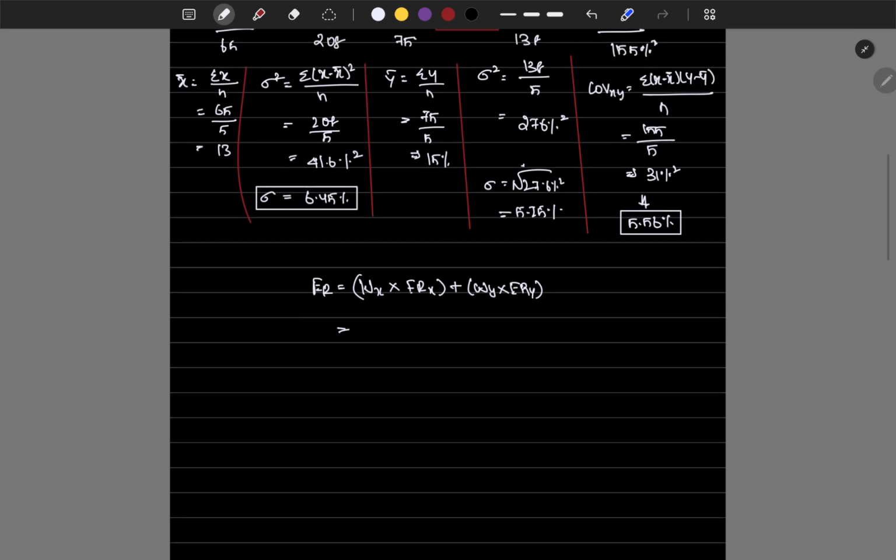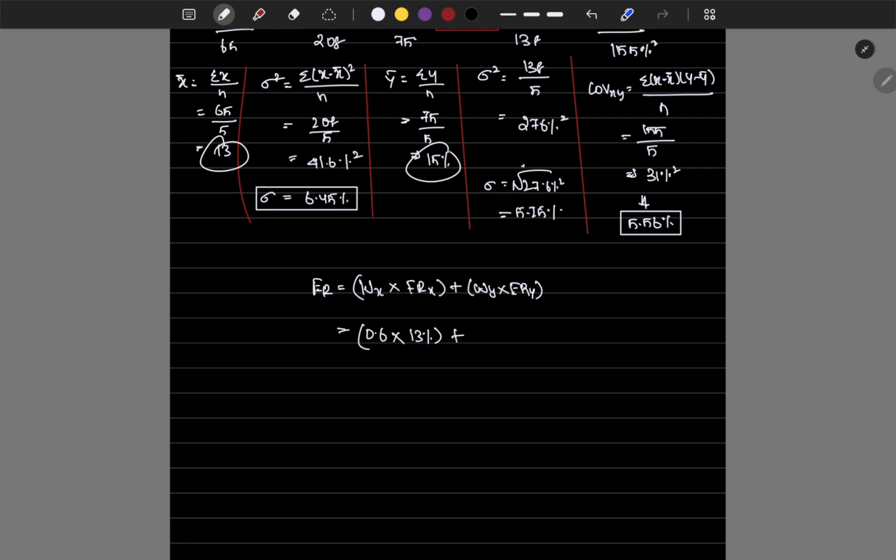What's the weight of x? They said 60%, which is 0.6, into expected return of x, the average, which is 13. What's the expected return of y? It is 15%, and the weight is 0.4.